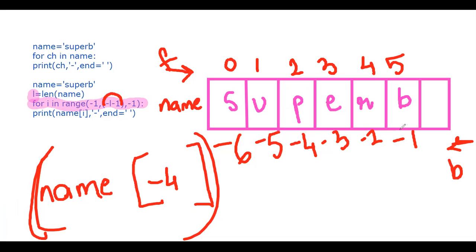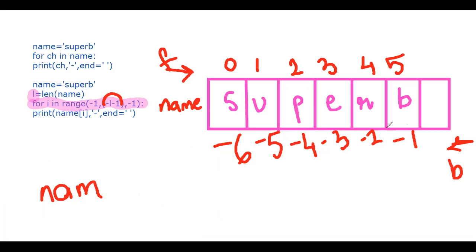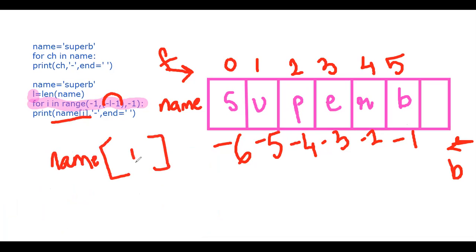So using this idea, right over here I am writing name, and in box brackets I'm writing I. This I is the index value that we are using in the for range. Print should have an indent over here. I'm sorry, it should have an indent over here. So in your notebooks, make the changes.